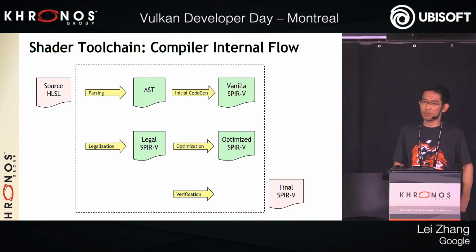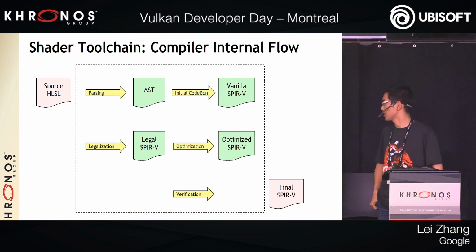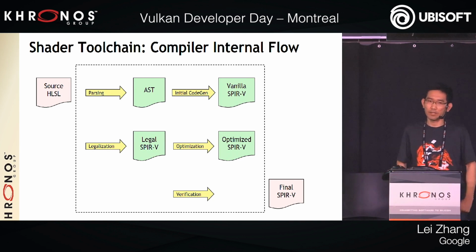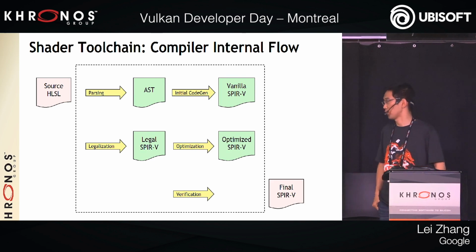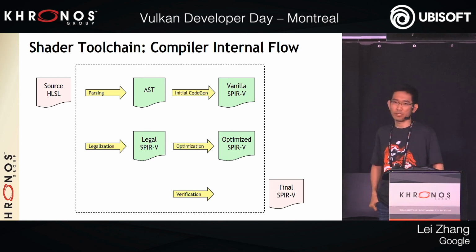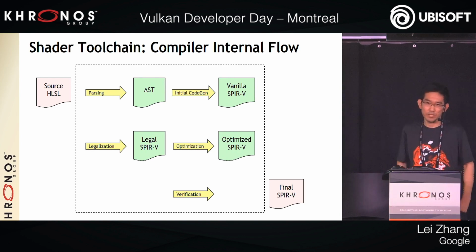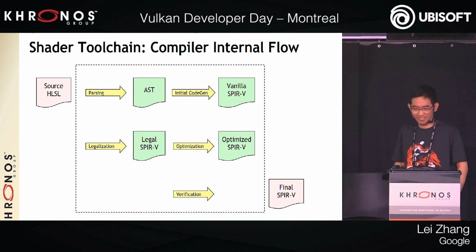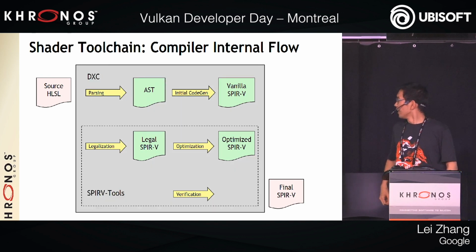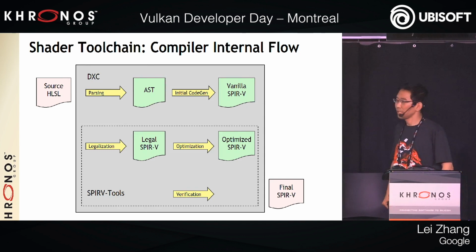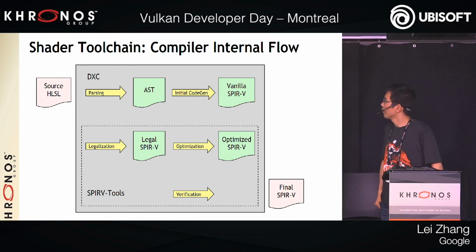Verification is the last stage before the compiler outputs the final SPIR-V. It helps us catch any compiler internal bugs. If something goes wrong and fails verification, you'll see an error message showing compiler internal error, generated SPIR-V is invalid. Then it is time to submit a bug report. All these stages are internal to DXC. Normally, you don't need to worry about them, just leave it to us and trust us.